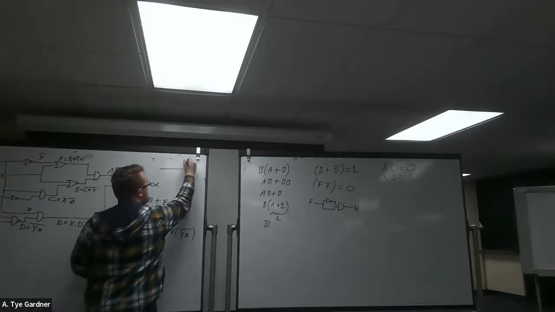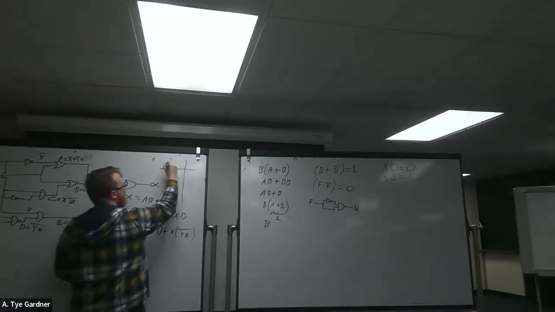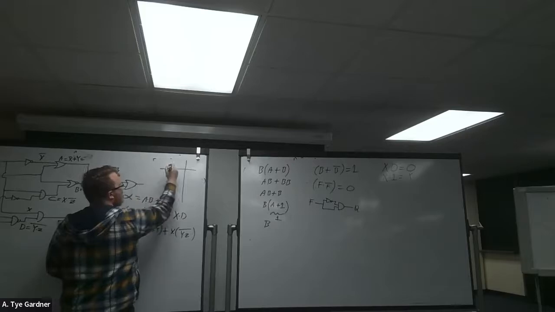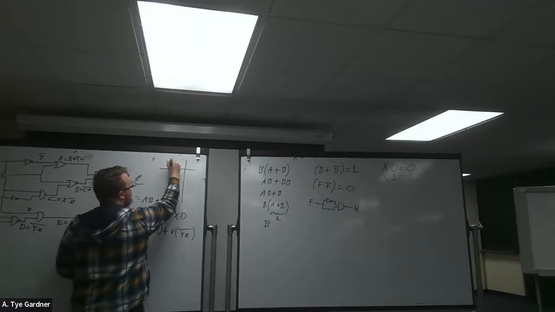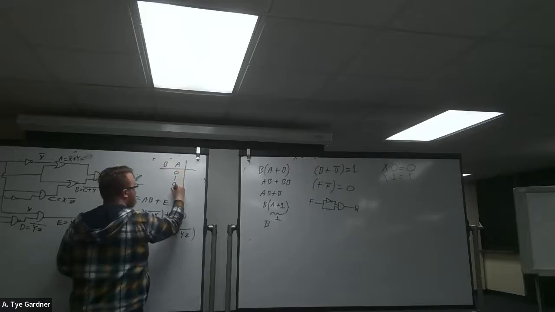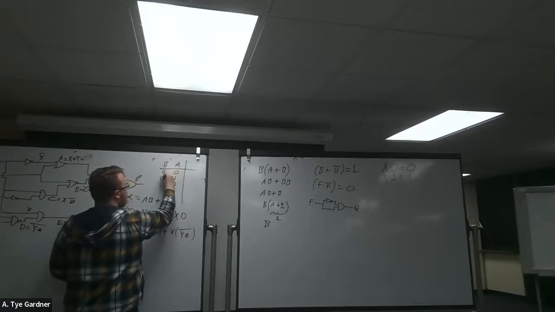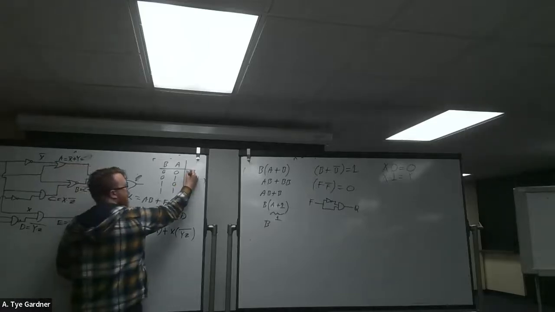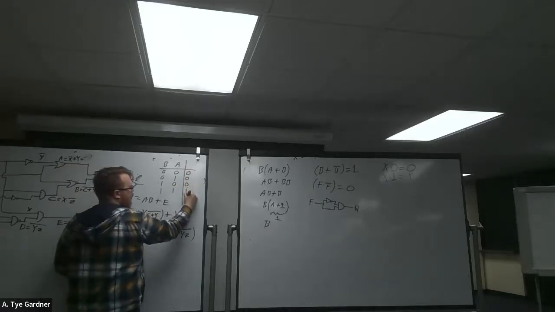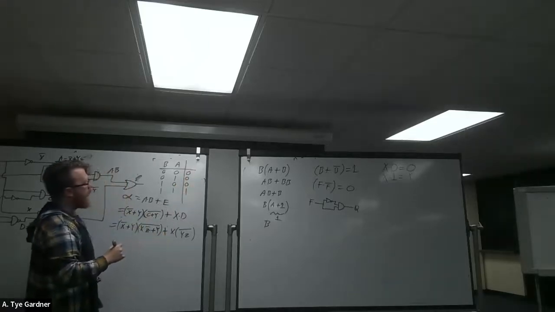Let's look at the truth table. Okay, so in the AND gate, we're doing AND, right?